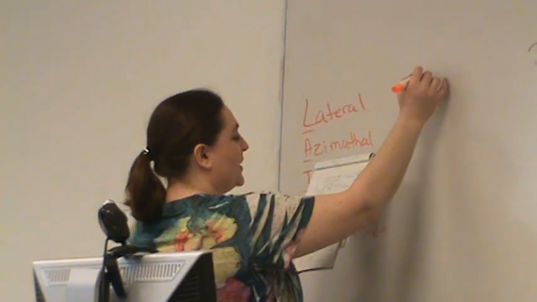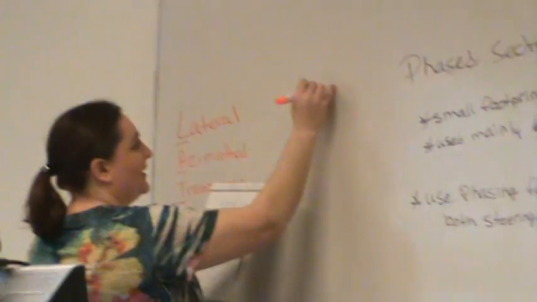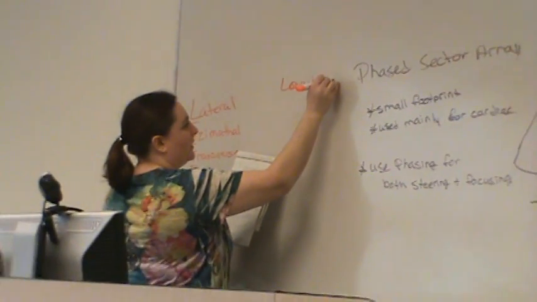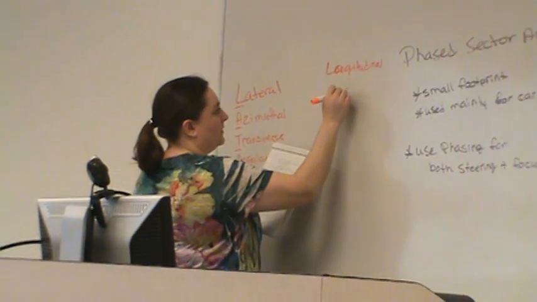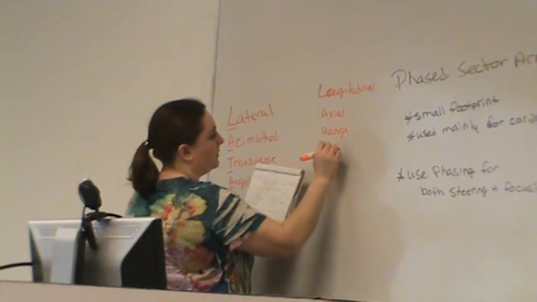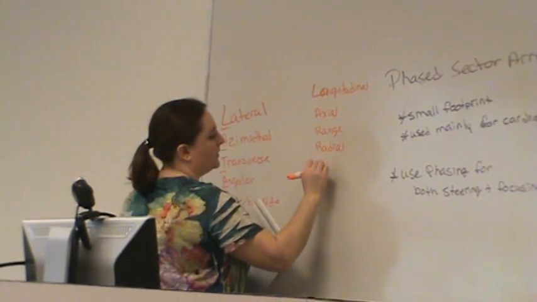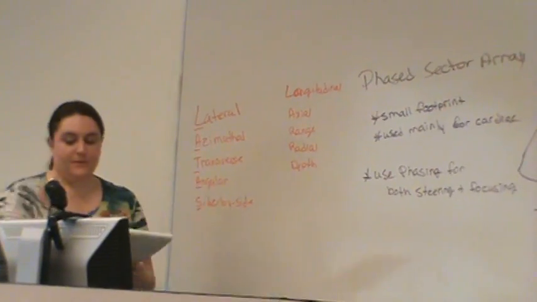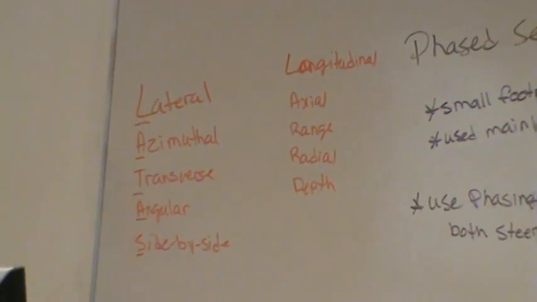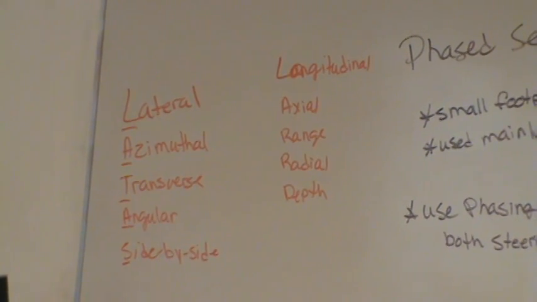As in, the other one is lard. For axial, the other words are longitudinal, range, radial, depth.